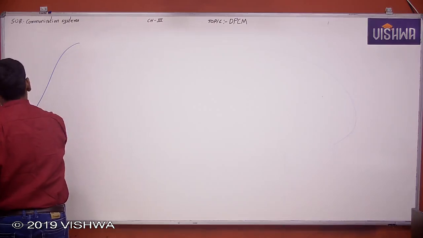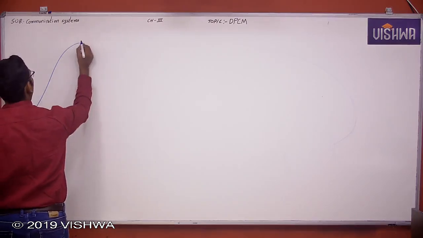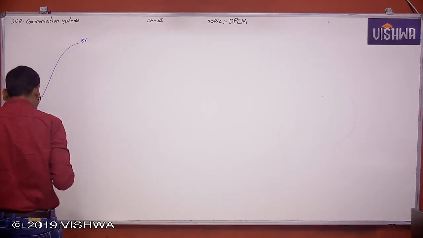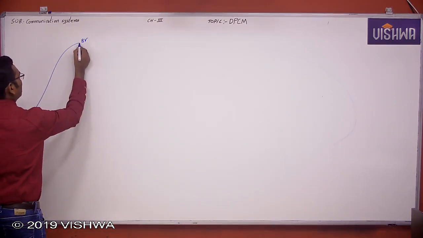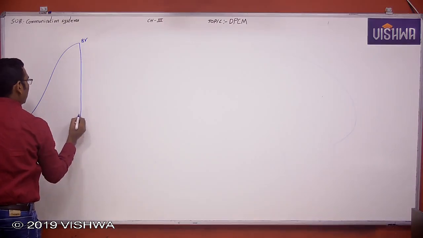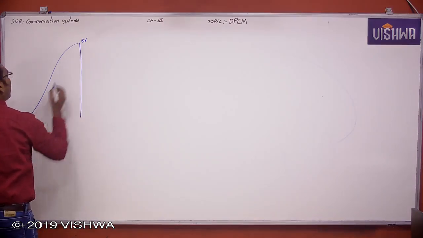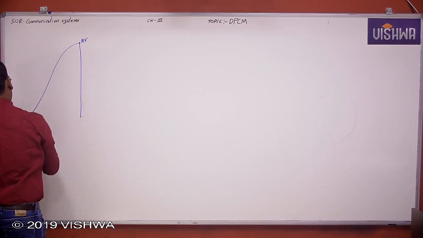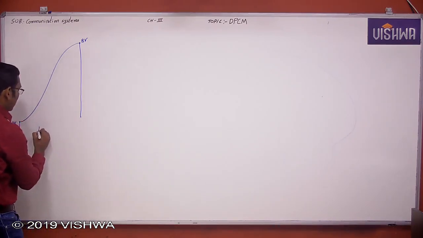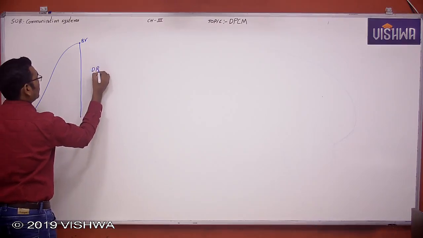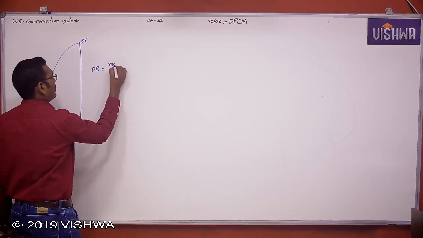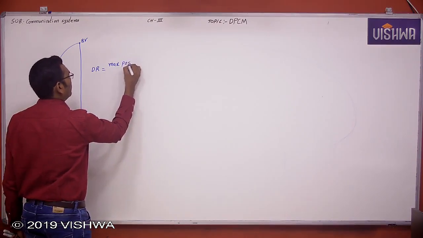Now this is a signal of 0 volts to 8 volts. What is the dynamic range? The dynamic range is the maximum possible input to the quantizer minus the minimum possible input to the quantizer.